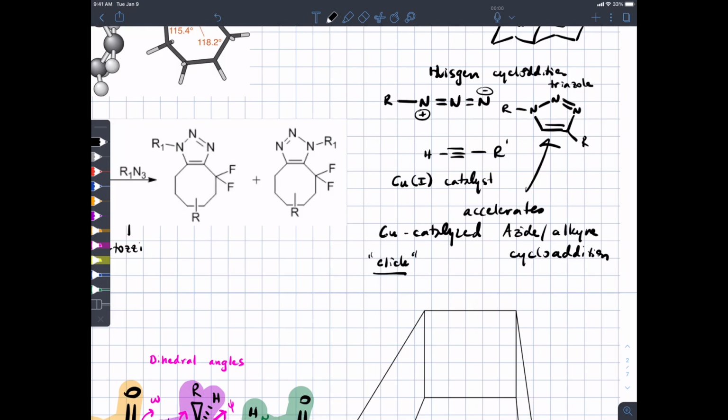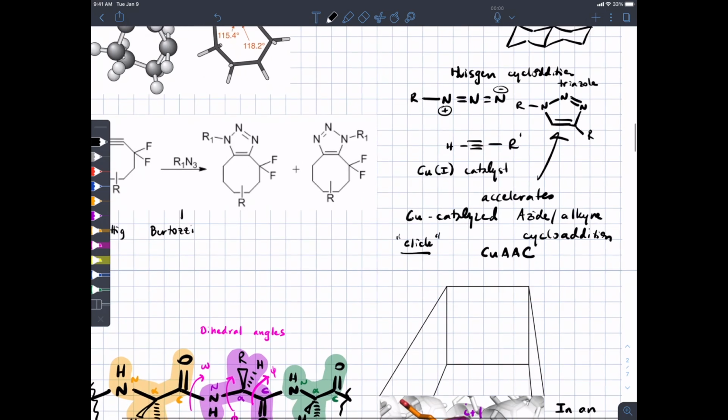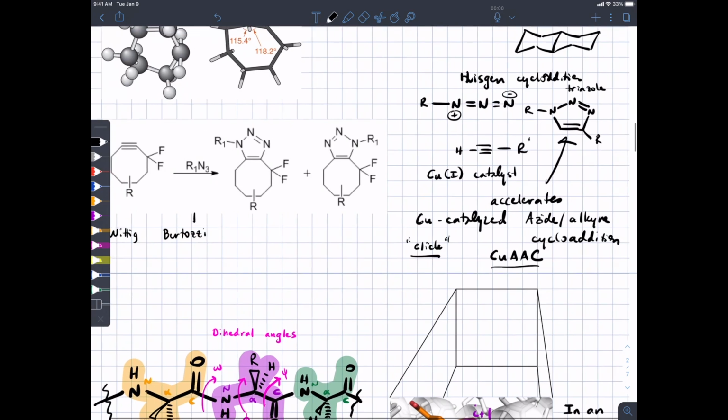Click chemistry more properly applies to a bunch of reactions that satisfy these criteria of being efficient, easy, and orthogonal to other biological functional groups. Sometimes you'll see people abbreviate this as CuAAC, or something. When I'm writing, I often just abbreviate like that because this is often hard to do.